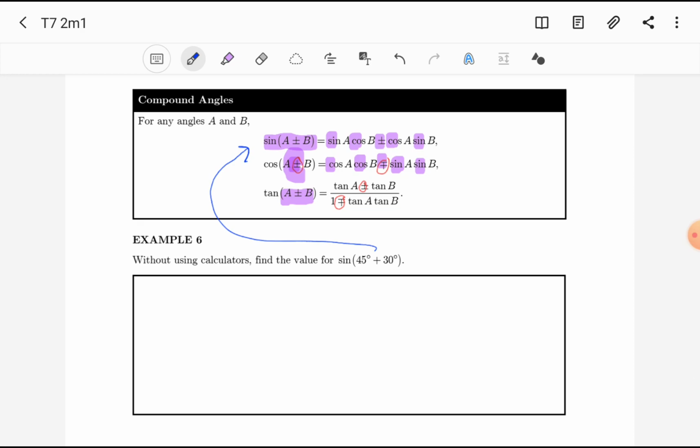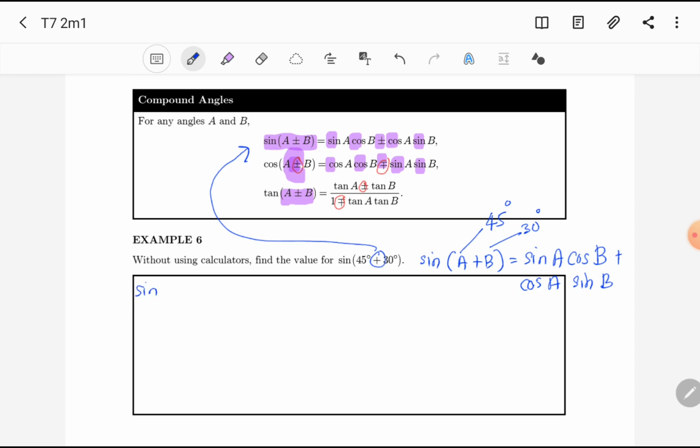Okay, so ini kita akan guna sin A plus B equals to sin A cos B, sebab sini plus, so sini pun akan follow plus, cos A sin B. Okay, dan A kita for this case is 45 and B is 30 degrees. Okay, so kita akan gantilah.